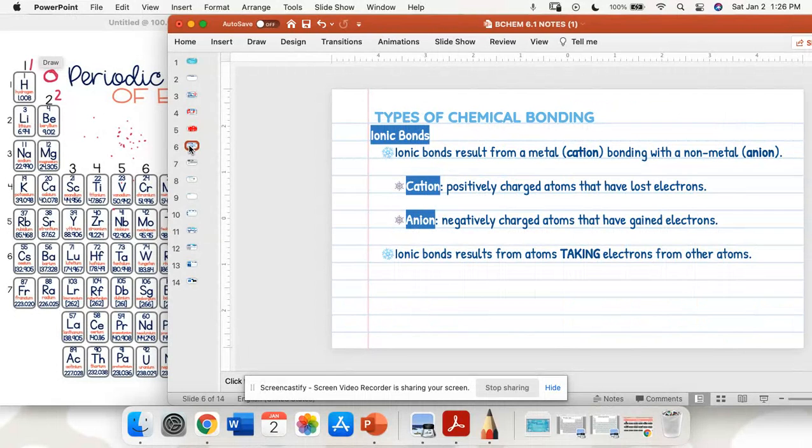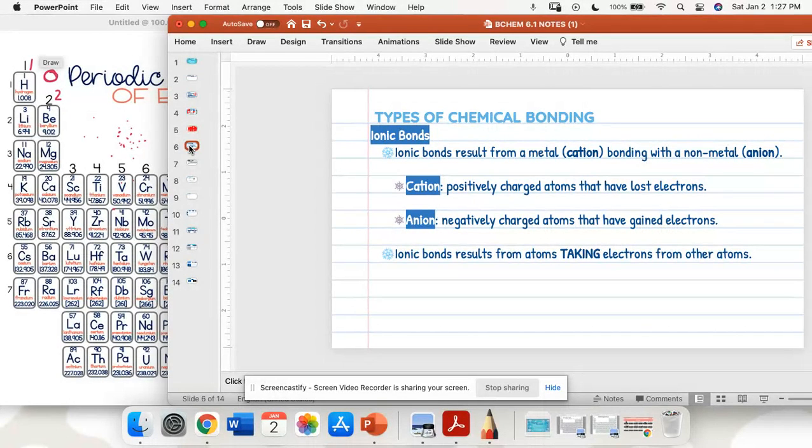So the atoms, or the elements, that lose electrons or give up negatively charged things, they become more positive. And we've seen these definitions before. So when they give up those electrons, they become more positive. Those are called cations. Elements that gain electrons or add negative things to them are negatively charged atoms.